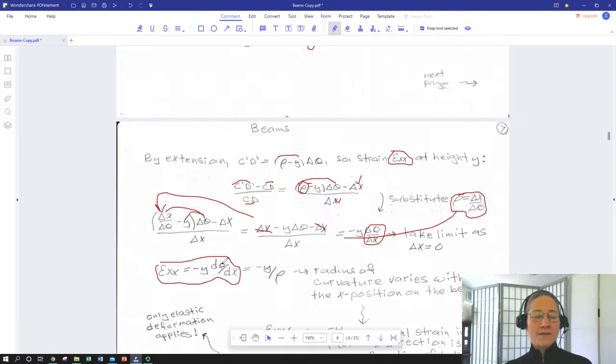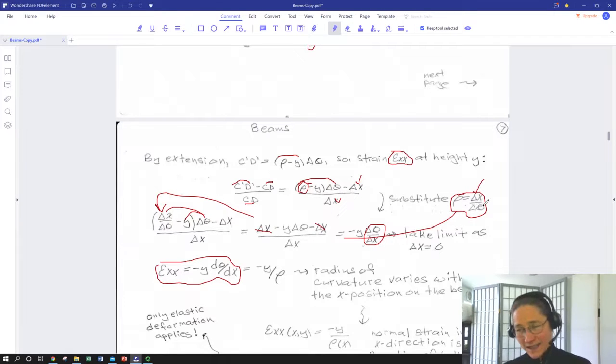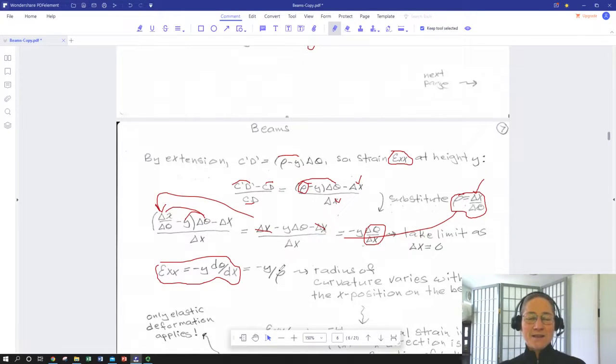So now we have d theta dx, and we can back substitute because, in the limit as things get smaller and smaller, we can say that d theta dx is 1 over rho.